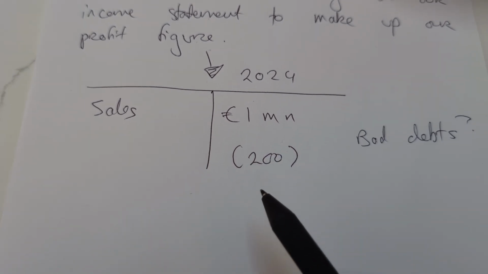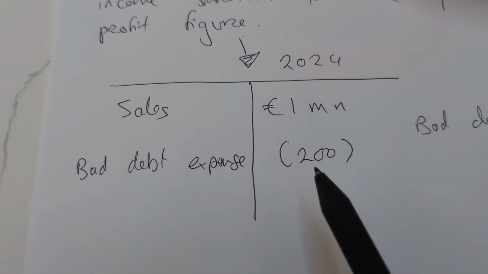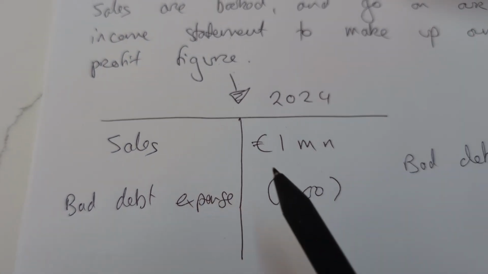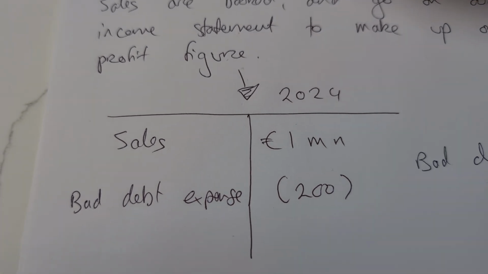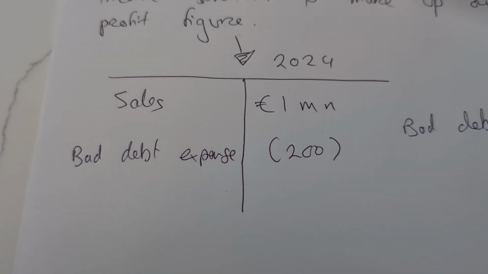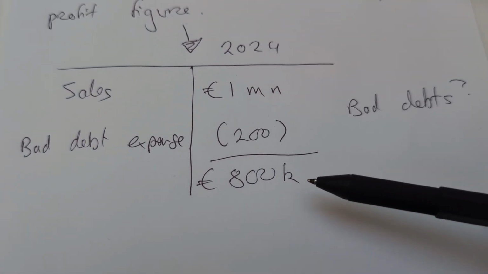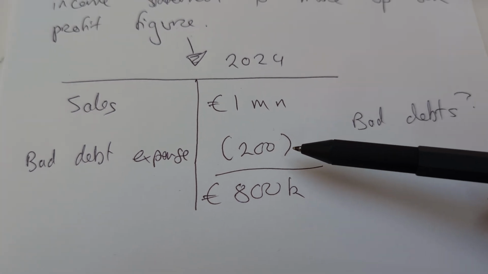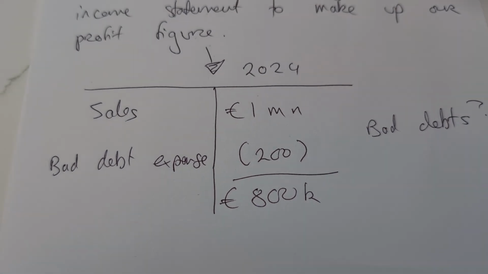It goes in as a bad debt expense on the income statement. That accounts for the fact that this person hasn't paid. That then takes our sales down to 800,000. We've lost this money, so it's an expense. That's where it's written off to.